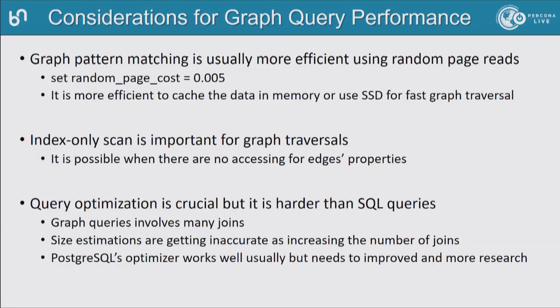But usually, it is harder than for SQL queries because graph queries involve many joins. We found that PostgreSQL's query optimizer usually works well even for graph queries, but it needs to be improved more, and we need more research on them.